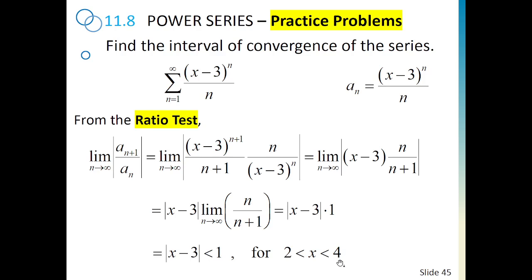So that's our initial thing, and that's what we got by the ratio test immediately. So we know by now the center is 3, the radius of convergence is 1, and we found the interval of convergence, 2, 4 open. Now the next step is to see what's happening at the endpoint 2 and what's happening at the endpoint 4. Maybe at one of them, or both, or neither, this series is convergent. I don't know, I need to check.